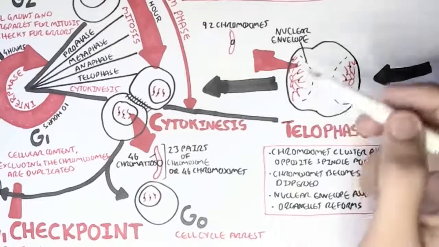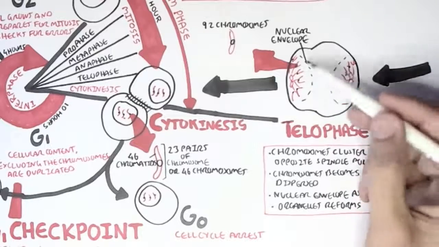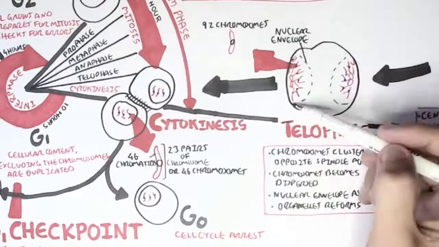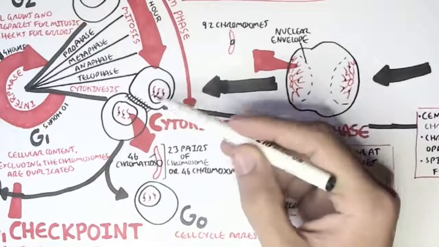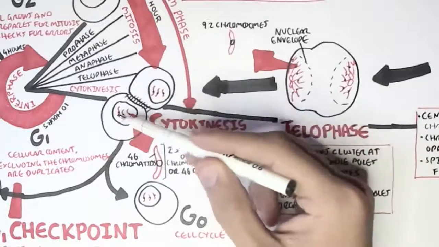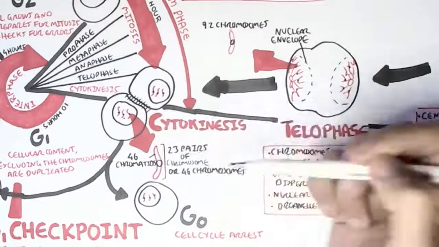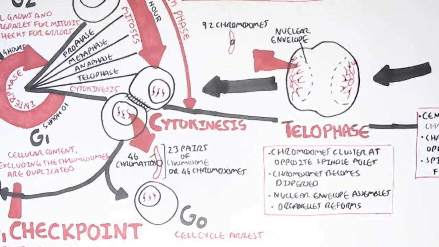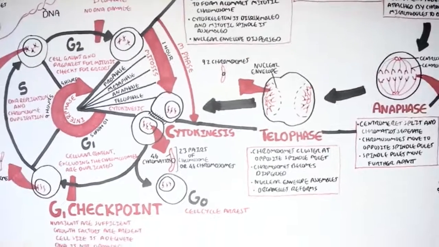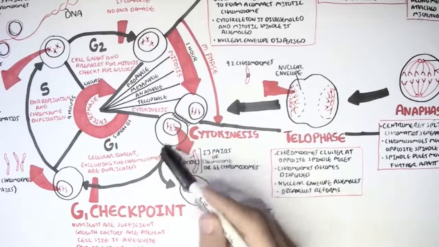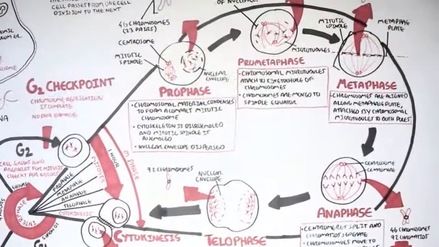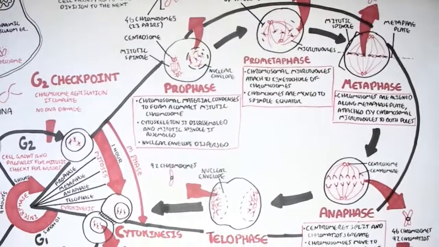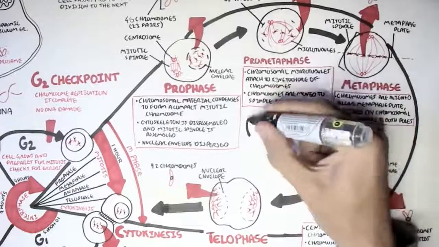And this is because, remember, the cell in telophase had 92 chromosomes. So if this cell with 92 chromosomes divides, it will have 46 in one daughter cell and another 46 in the other. Following cytokinesis, these cells can enter the cell arrest phase, or they can enter the whole interphase, and then enter mitosis again after some time.